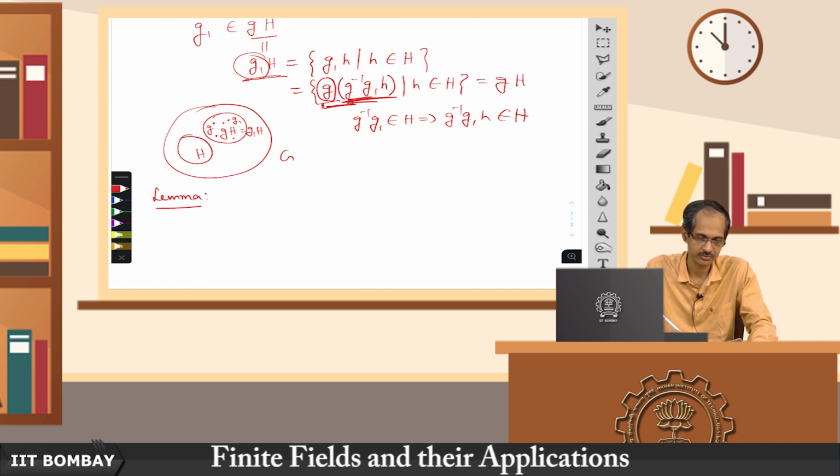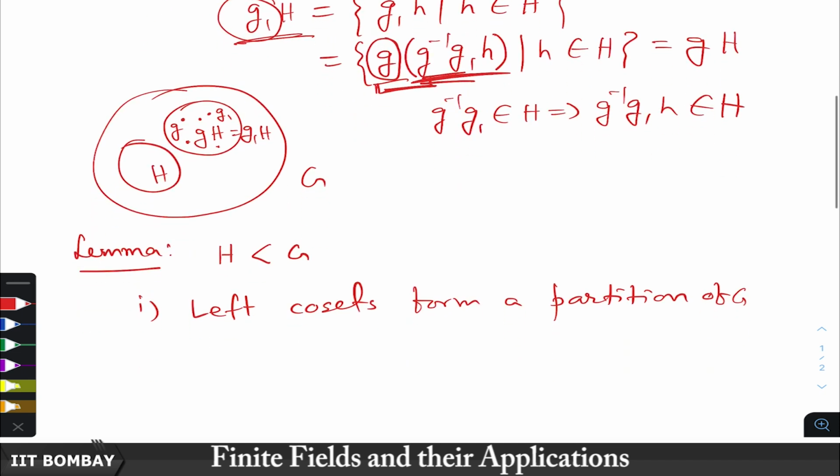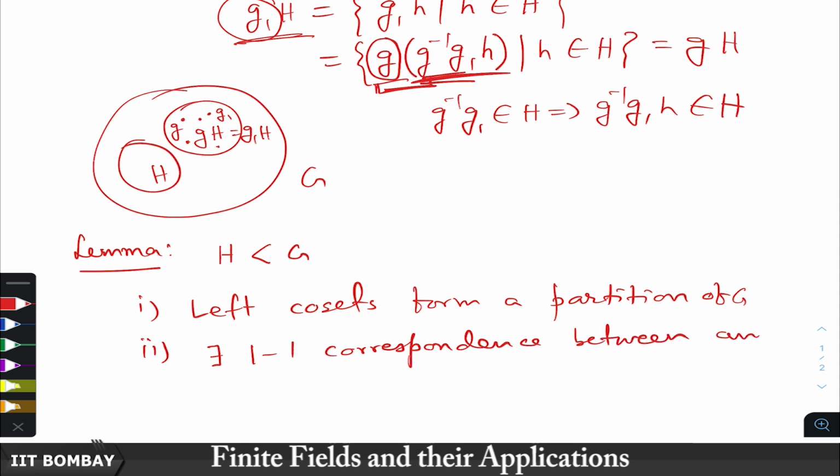First of all, we have already proved that left cosets form a partition of G. So, first of all we should say that there is a subgroup H of G, and we are talking about left cosets of H. Then not only that, there exists a one-to-one correspondence, a bijective map between any two left cosets.